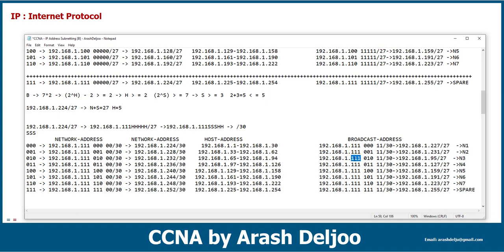Again, 224 plus 8 is 232, then 235. That's it, 235. And as you can see, this is one number less than 236. Let me write the other values, 239, and after that 240. 239 is one number less than 240, then 243, 247, for example 251, and finally 255.